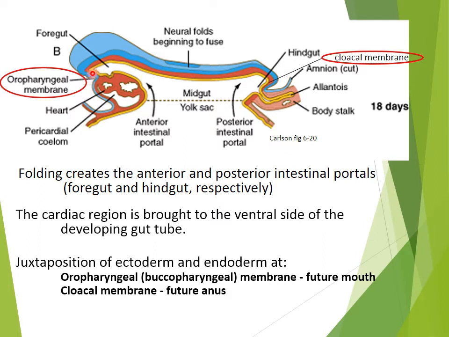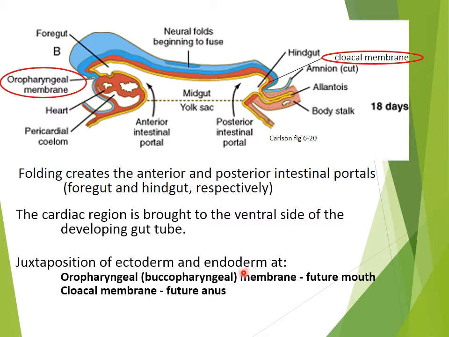This is the ventral portion, which is the starting point, you can say, of the gut tube, that is known as the oropharyngeal membrane. So this oropharyngeal membrane is lined by the ectoderm and endoderm without any intervening mesodermal tissue. So you can easily say that this is a juxtaposition of ectoderm and endoderm.